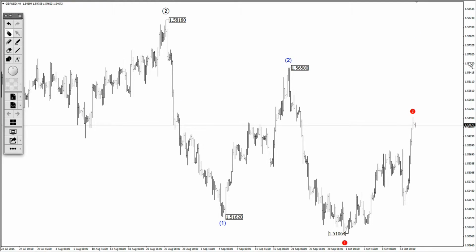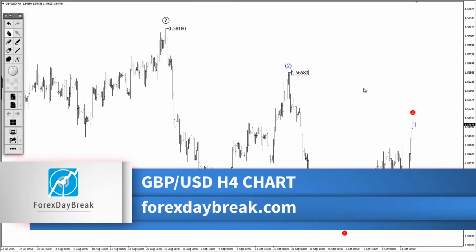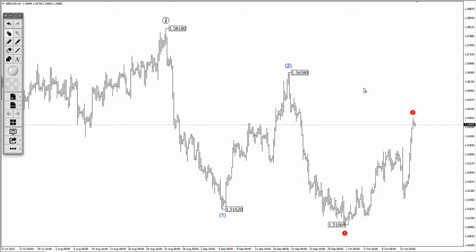Next is pound dollar. Yesterday was a very strong day for pound, which is seen here as well. Pound has rallied all the way up to the 155 level. The wave count is still holding, although the wave structure is very hard to figure out here.